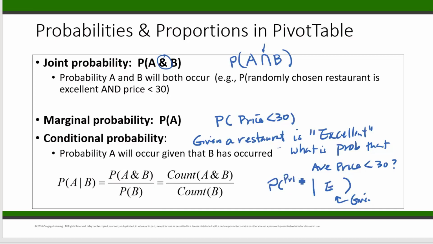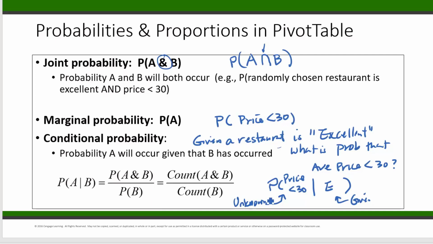So it will be price is under $30. So the way that I would read this: that part is the unknown part, this part is the question that I'm asking. So what is the probability that the price is less than 30 given that we have an excellent restaurant?